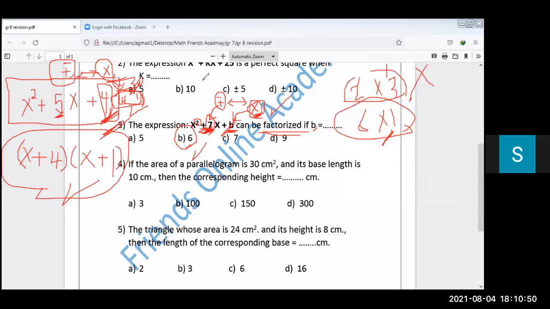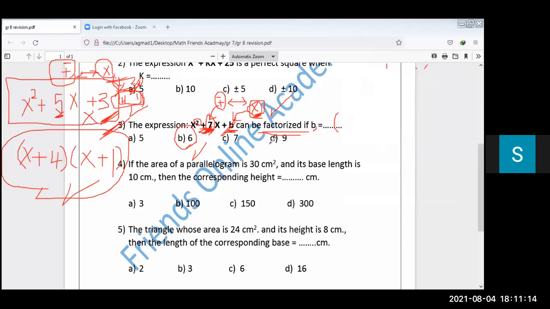But if you put any other number here, like 3 for example, we can't factorize. Because if you search about 3, only 3 times 1 gives you 3. Is 3 plus 1 giving you 5? No. So here I can't factorize.